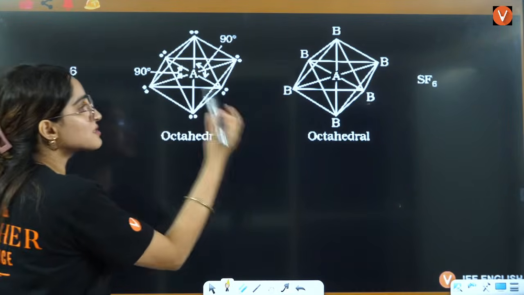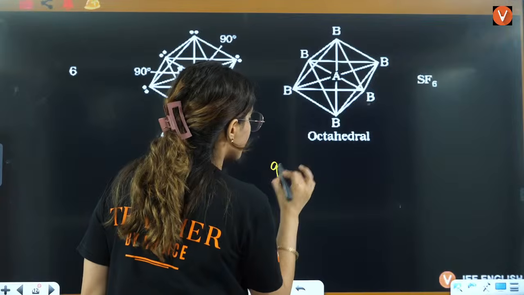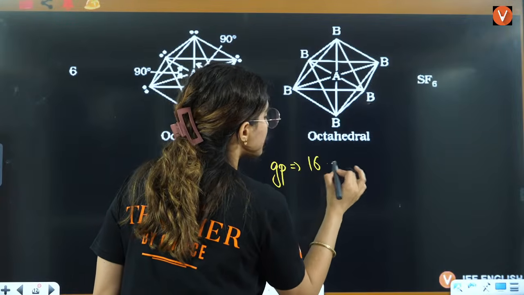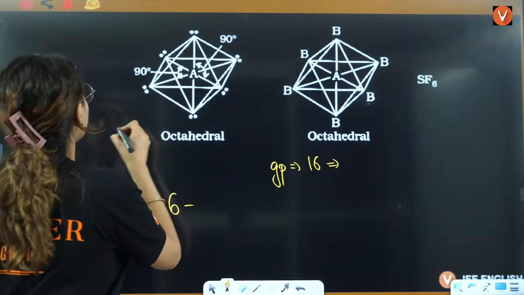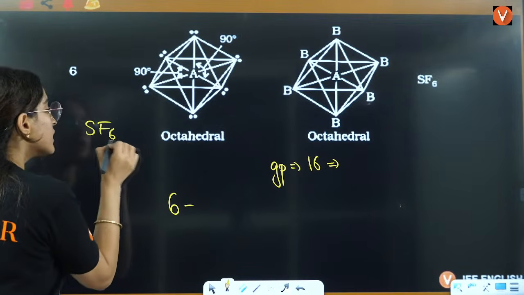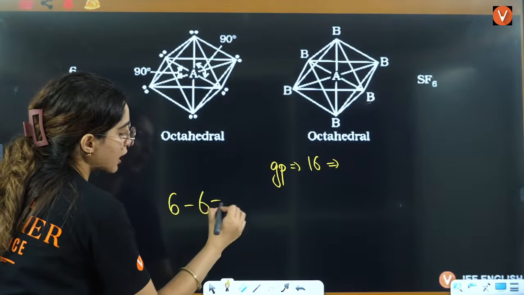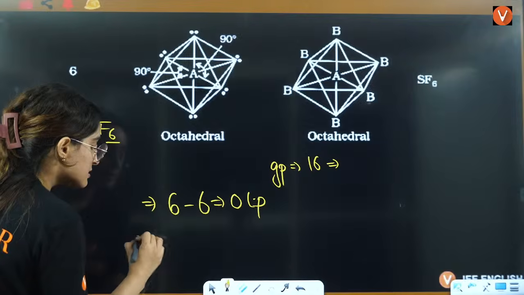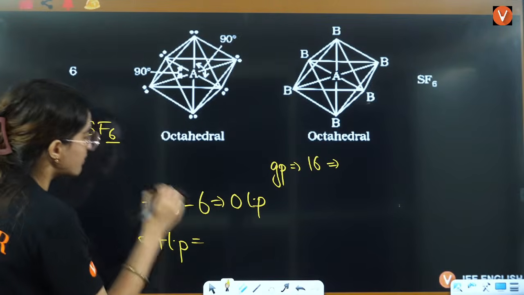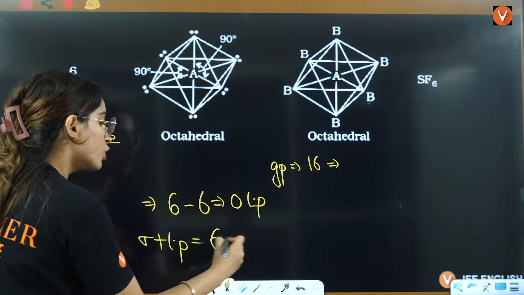Here if you see, sulfur belongs to group number 16. That means the valence electrons will be 6. And if you talk about SF6, here 6 bonds it is forming. That means 6 minus 6 is 0 lone pair. So we can say sigma plus lone pair, sigma is 6 bonds, lone pair is 0.